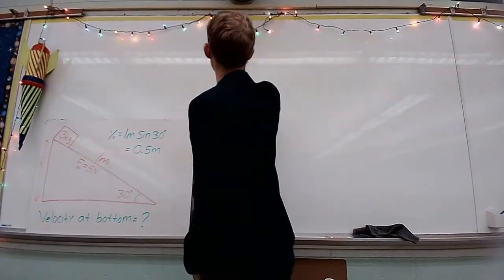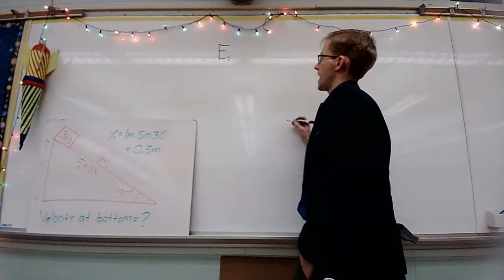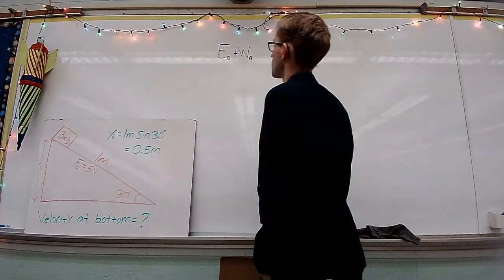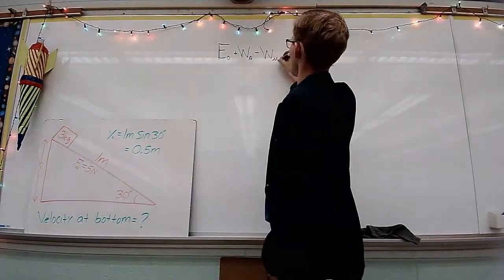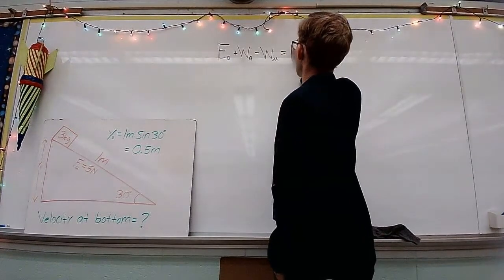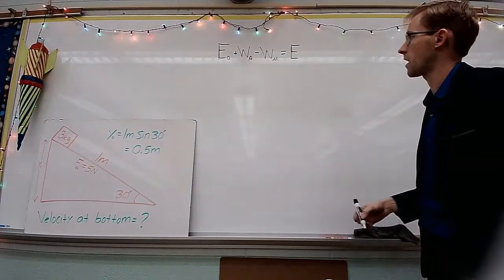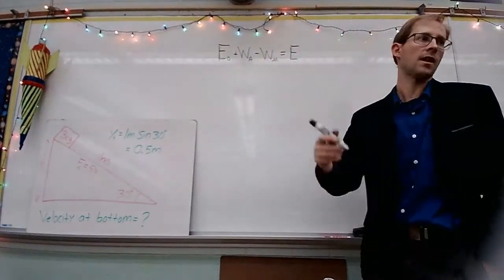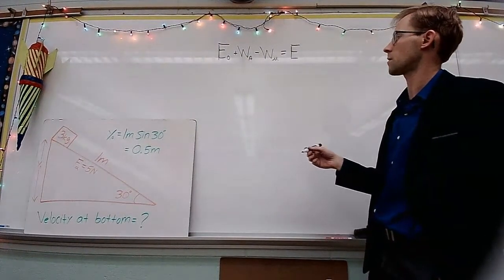In the beginning, we've got original energy, and maybe there's some energy added to the system through work. Maybe there's some energy taken away due to friction. And in the end, we're left with something when it reaches the bottom there. This is our general expression for the way that I like to approach these non-conservative force problems.